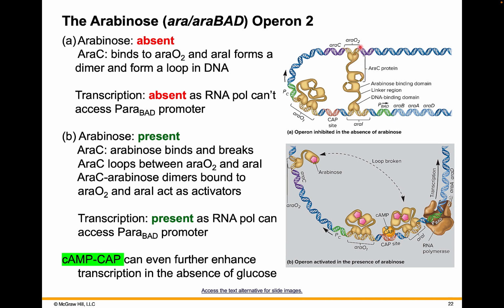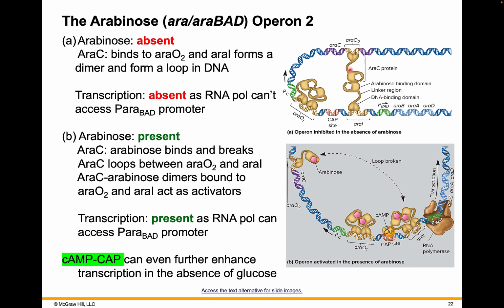This large araC protein, one molecule binds to the araO2 and another molecule binds to the araI, and they dimerize. You can see that this is a linker region, and they dimerize. As they dimerize, they bend the DNA like this. And see that there are also 2 molecules of araC binding to this araO1 site.